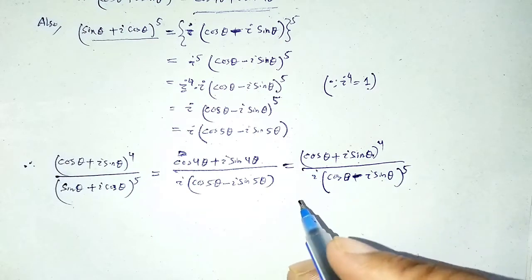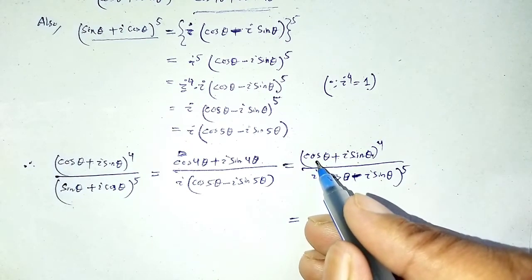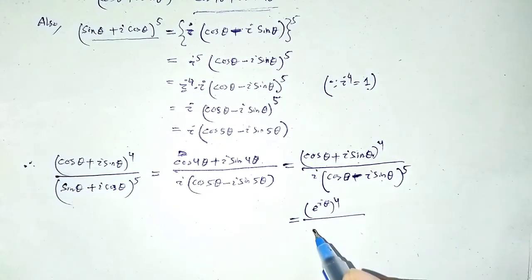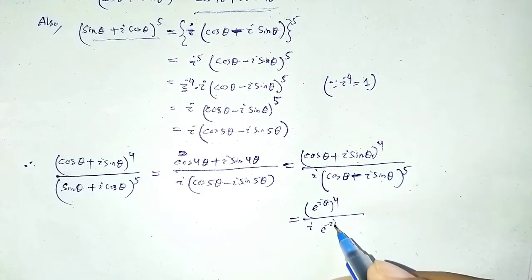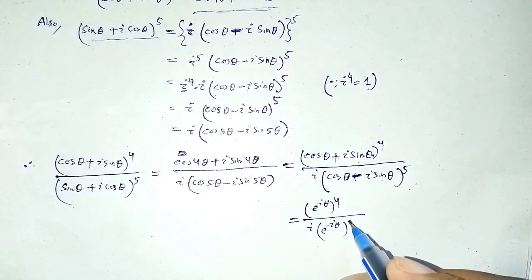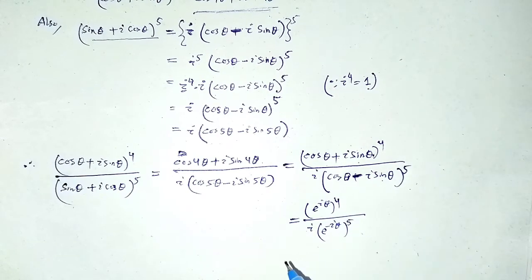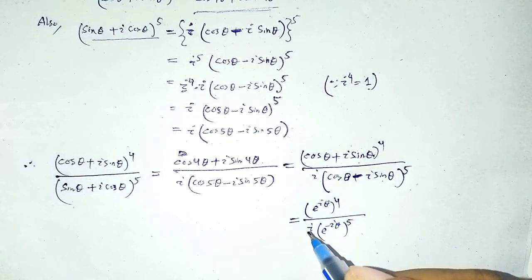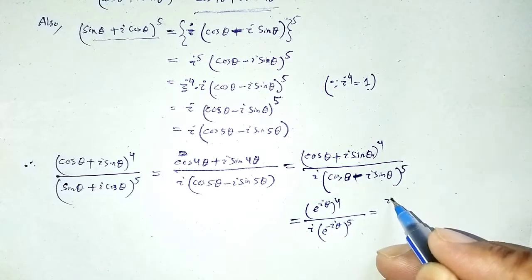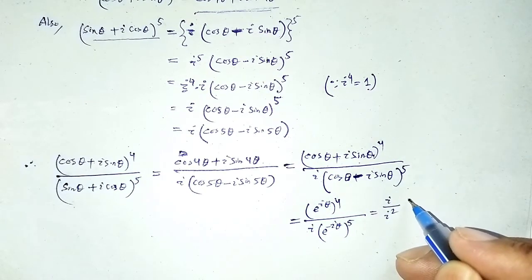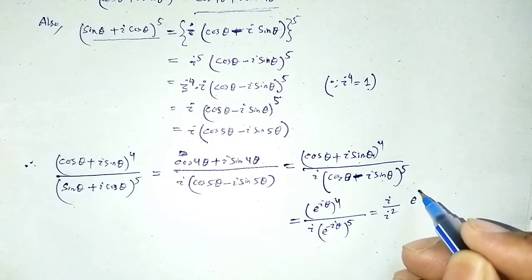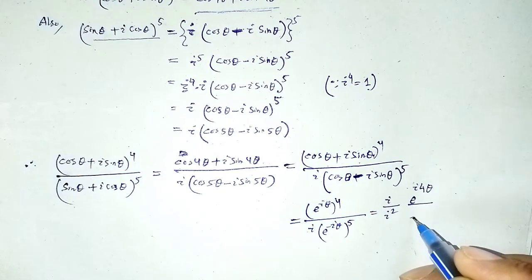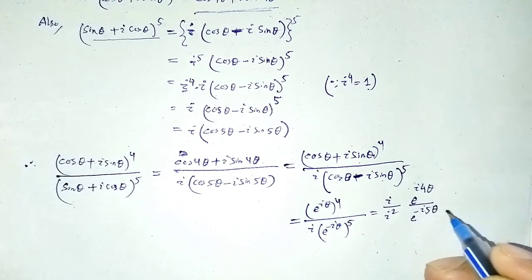Cos theta plus i sin theta is e to the power i theta. So (e to the power i theta) to the power fourth divided by i into (e to the power minus i theta) to the power fifth. Again multiply and divide by i in numerator and denominator. So it will be i divided by i square, and the 4 is multiplied, so e to the power i 4 theta divided by e to the power minus i 5 theta.